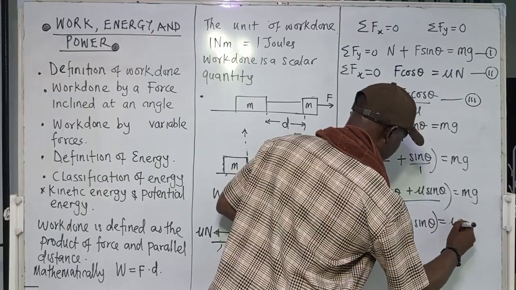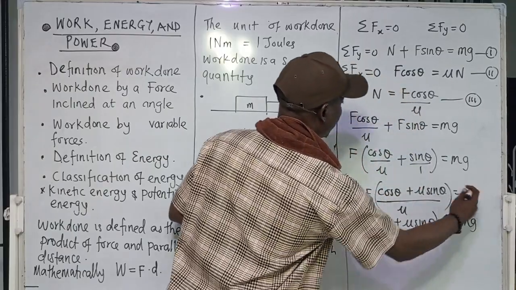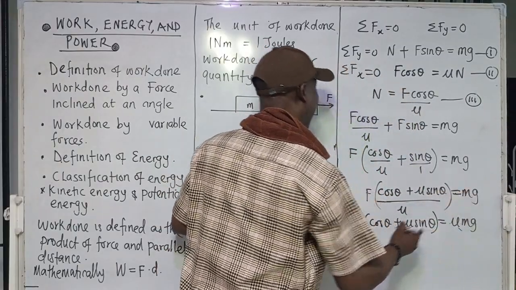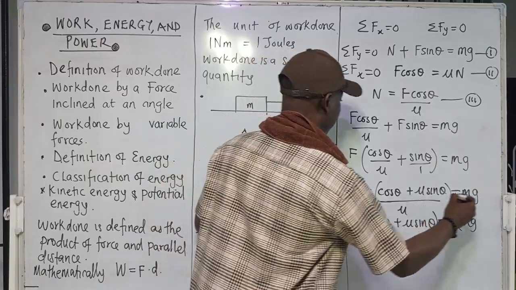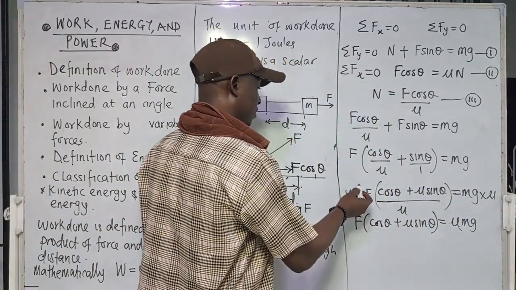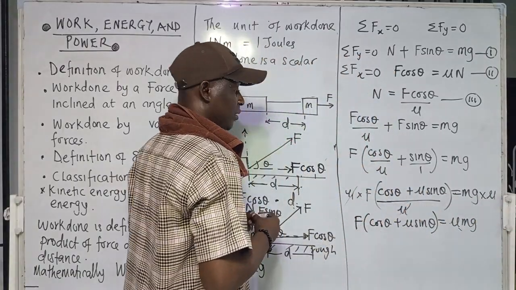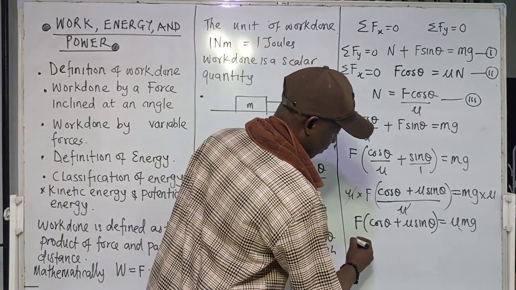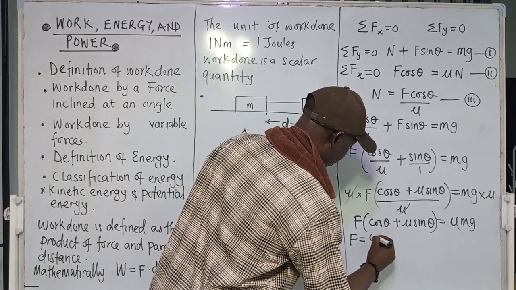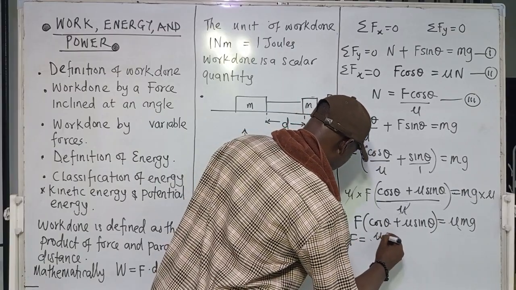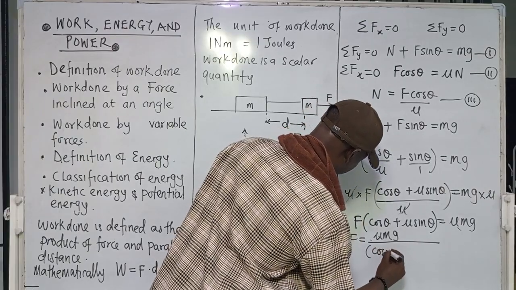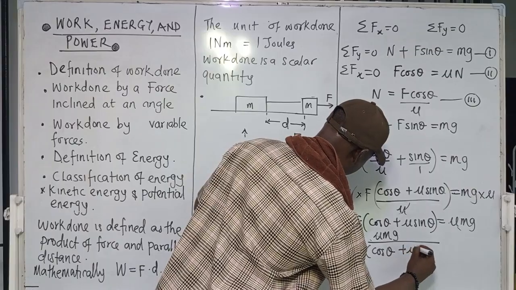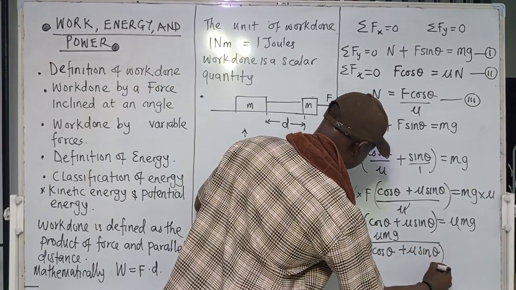If you multiply both sides by mu, then this cancels this. So what do you do? Divide both sides by the bracket. So F equals mu Mg divided by cos theta plus mu sin theta.